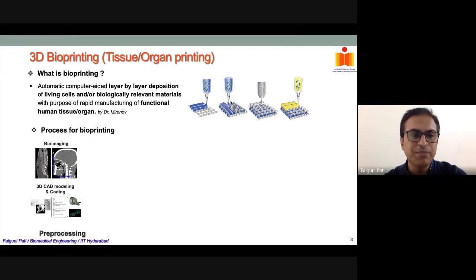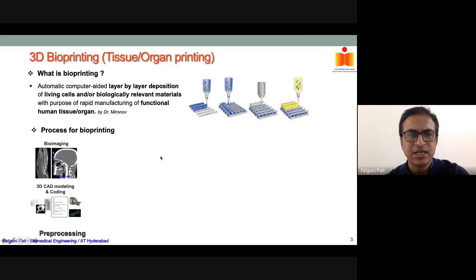But in bioprinting, because our interest is to print tissues or organs, we don't always start by making CAD models ourselves. We generally take the help of bioimaging modalities like CT and MRI, and then we get the three-dimensional image data of that particular tissue.